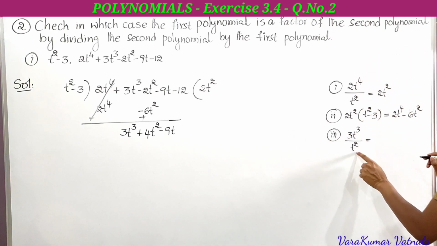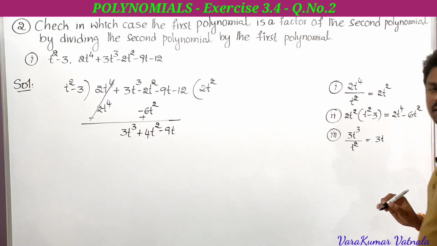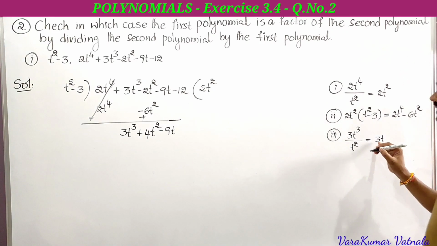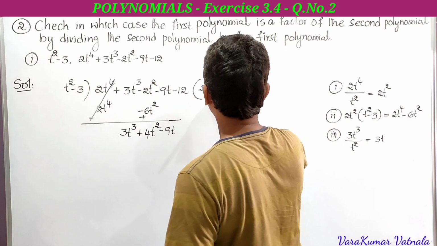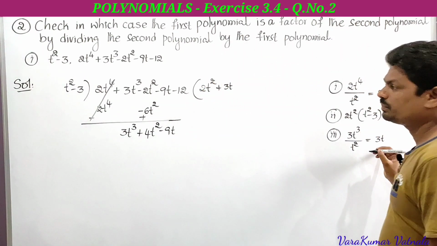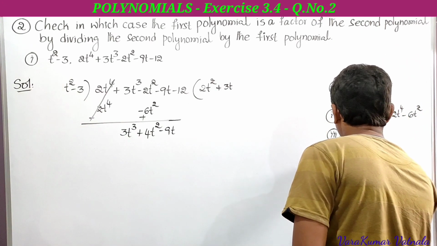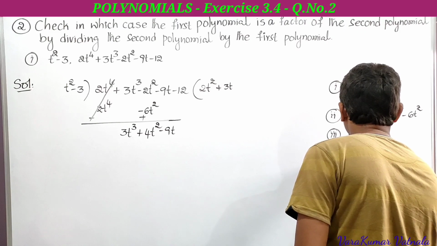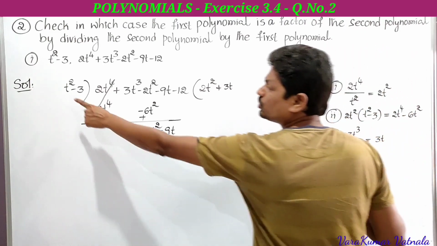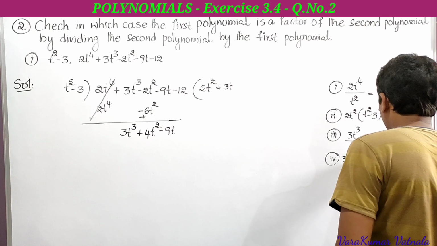So 3t cube divided by t square, we get 3t. Write this 3t in the quotient area, plus 3t. In the next step, multiply the divisor with 3t. So here we get 3t into t square minus 3.